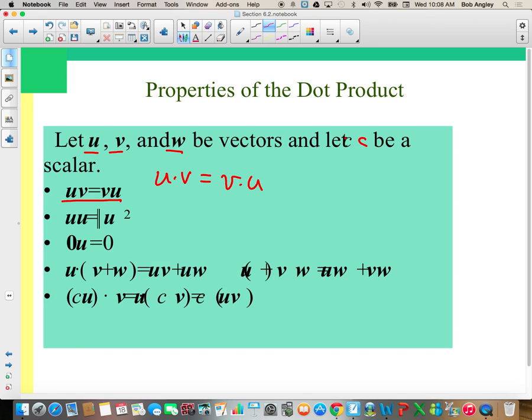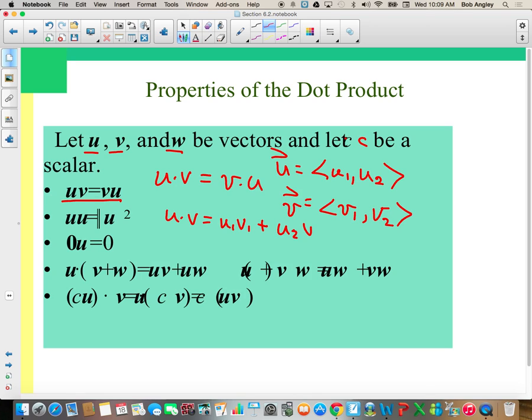I'm just going to show you one thing about this because it isn't the biggest thing in the world. If vector U is U1 and U2, and vector V is V1 and V2, then U dot V is U1 V1 plus U2 V2.